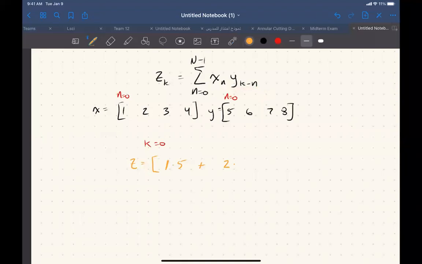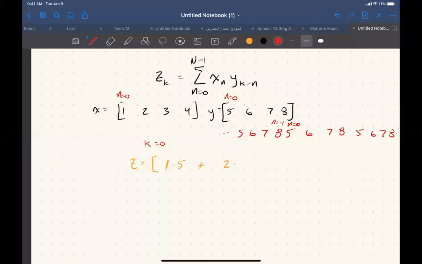Well, for circular convolution, what we're going to do actually is tile y. So we're going to have 5, 6, 7, 8, 5, 6, 7, 8, as far as we could go. Okay. And we're going to define this now as n equals 0. So this here would be n equals -1.